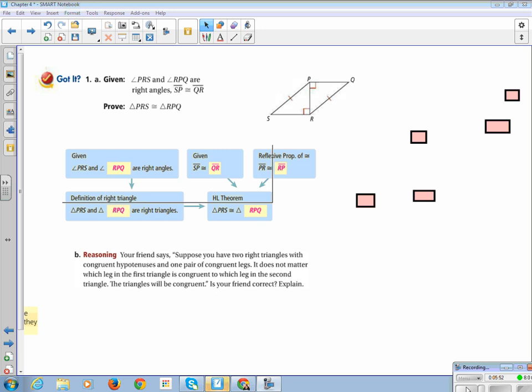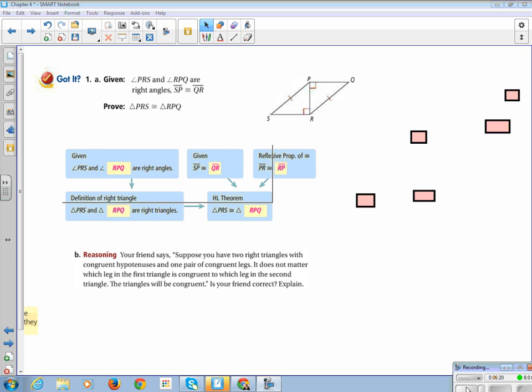We're given that SP is congruent to QR. By the reflexive property, we can show that PR is congruent to RP. And then by the definition of a right triangle, triangle PRS and triangle RPQ are right triangles. And then we can say by the hypotenuse leg theorem, triangle PRS is congruent to triangle RPQ.